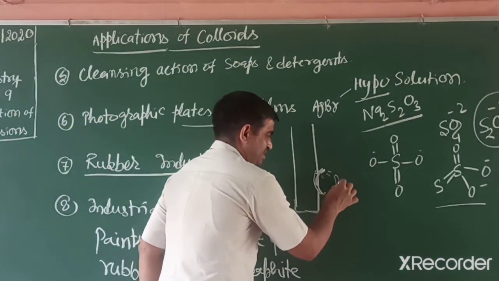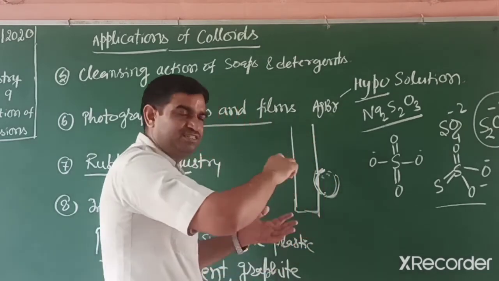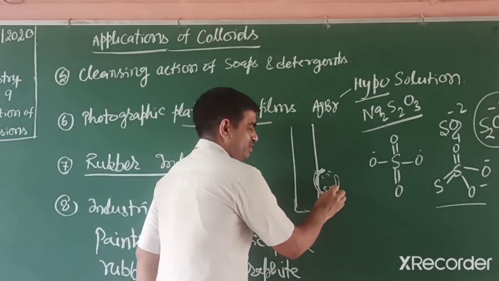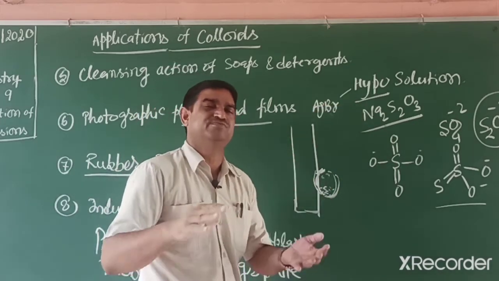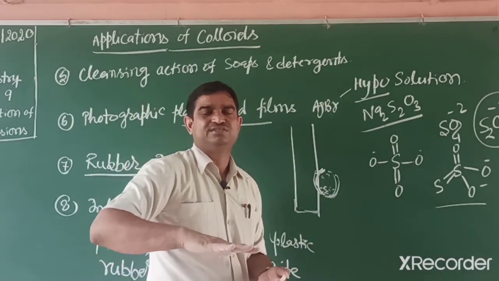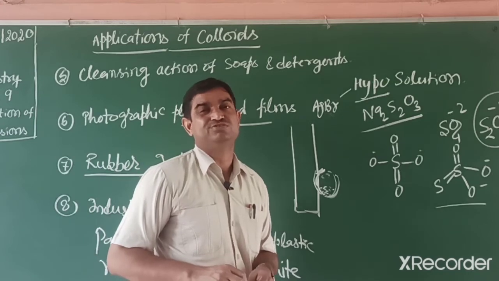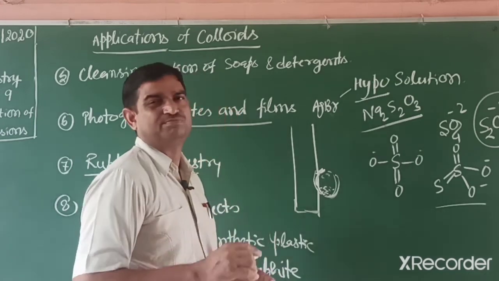Then the rubber latex is collected, which is also a colloidal mixture, and then when they heat it, it converts into a solid hard mass, that is coagulation, by mixing some substance.